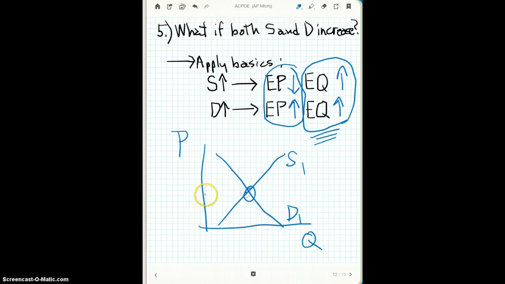Here's where we start. And supply were to increase, we see equilibrium price falling, and demand were to increase. So you see any possible new equilibrium shows a greater quantity, but we could have a lower price or a higher price. We're not sure.